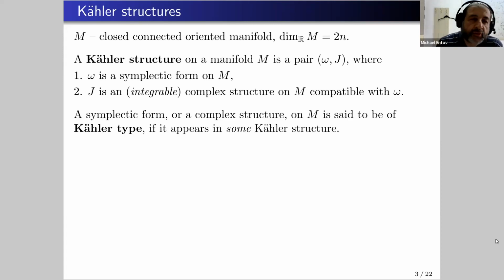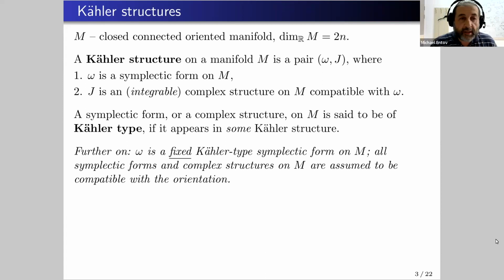A symplectic form or complex structure on M is said to be of Kähler type if it appears in some Kähler structure. So omega is of Kähler type if I can find some integrable J compatible with omega. And J is of Kähler type if, first of all, J is integrable, and I can find some omega compatible with J. These are called Kähler-type complex structures and symplectic forms.